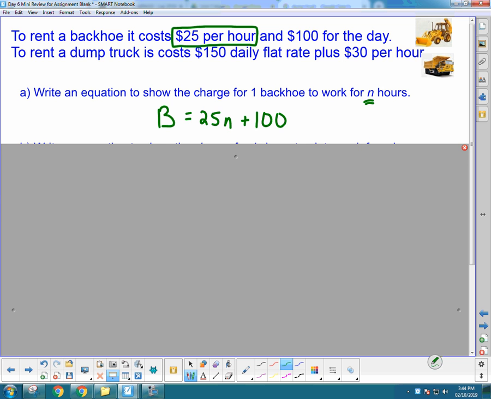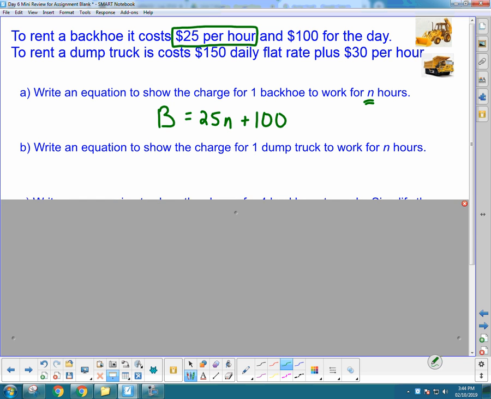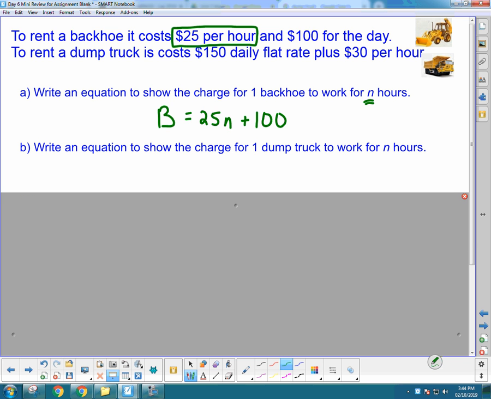So then what would the equation be for the dump truck? So we would say, okay, it's $150 right there just to rent it, plus your $30 per hour, 30N. So that can go right here.